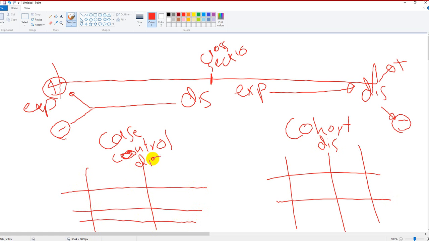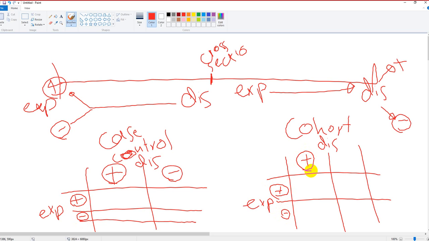Those are the disease, those are exposed. Disease positive and disease negative. First of all, to solve any question about those, we just construct the tables, and then we fill the numbers in.